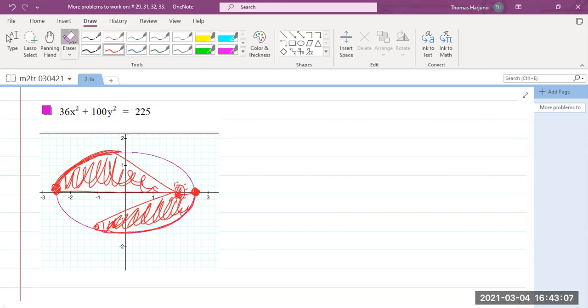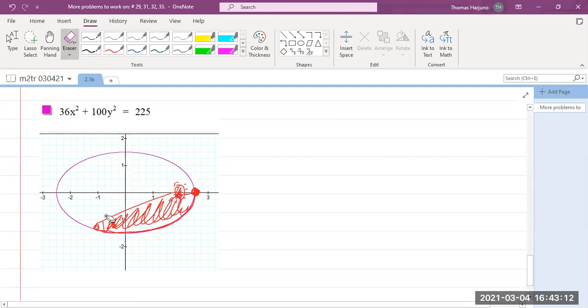So a lot of things actually come into play once we get to the parabola, or in this case, the ellipse.